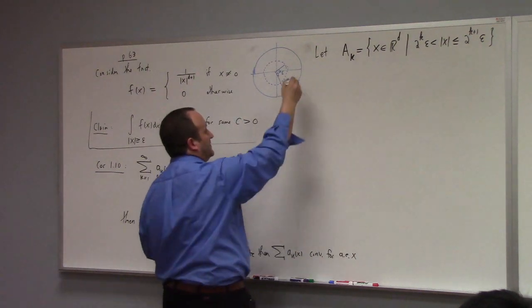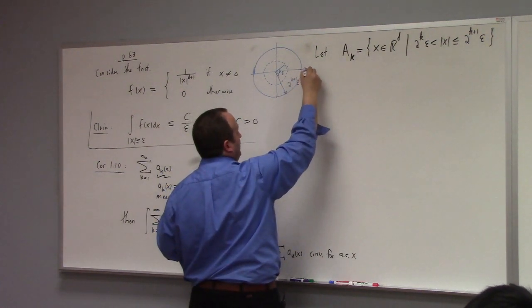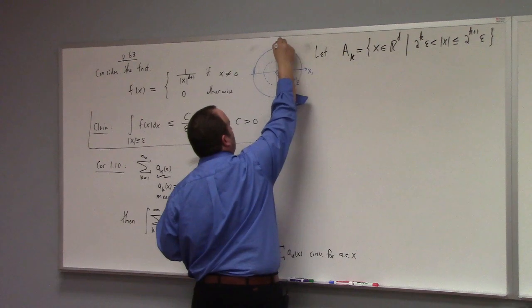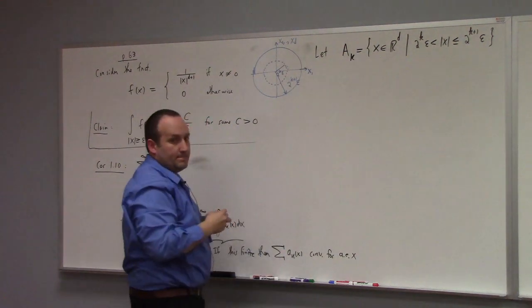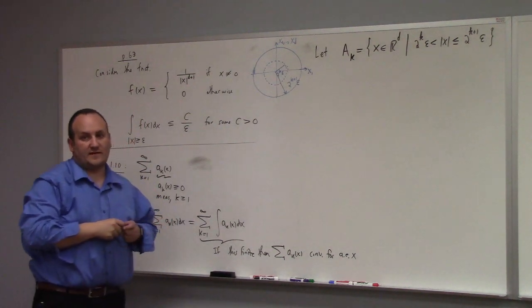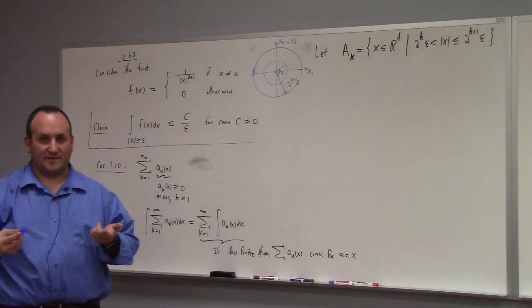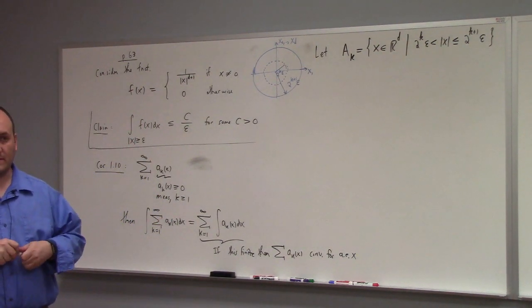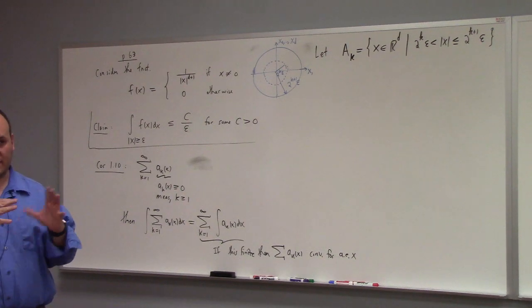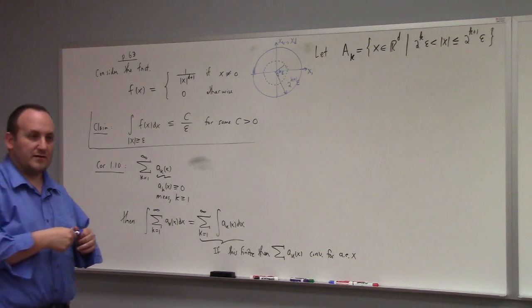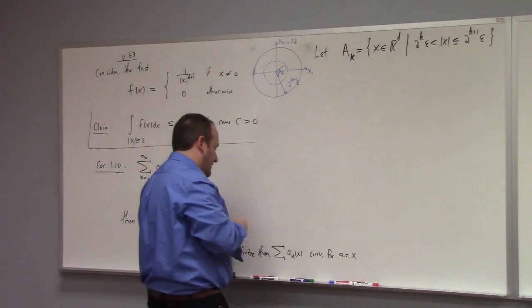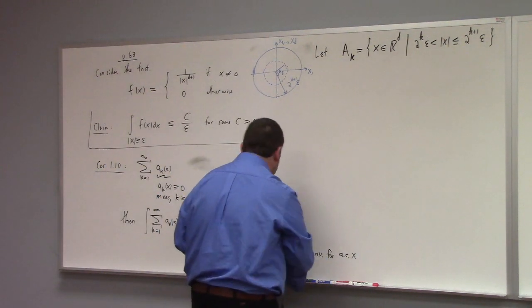Of course this is just a heuristic picture because this is x1 and this is x2 through xd. I said annulus, but we're talking about higher dimensional annuli. It could be concentric spheres in R3 or a hypersphere shell in higher dimensions, whatever.